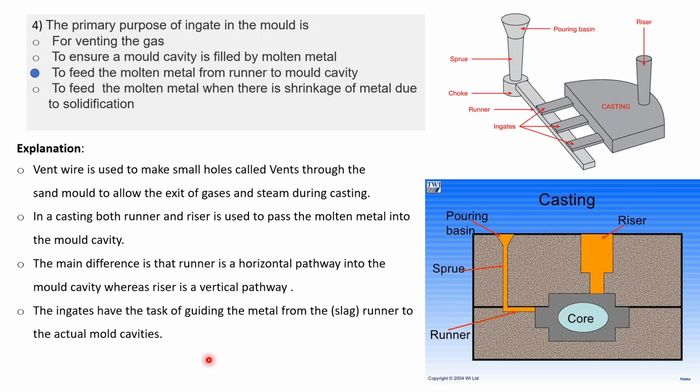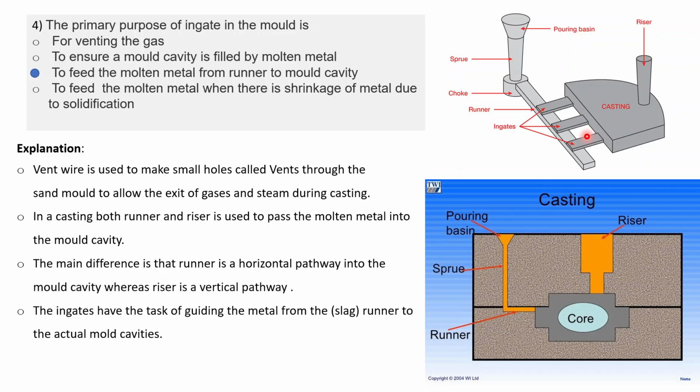As you can see in the diagram as well, runner is always horizontal and the riser is vertical. And the ingates have the task of guiding the metal from the runner to the actual mold cavity. So in between your runner and your cavity will be ingates.